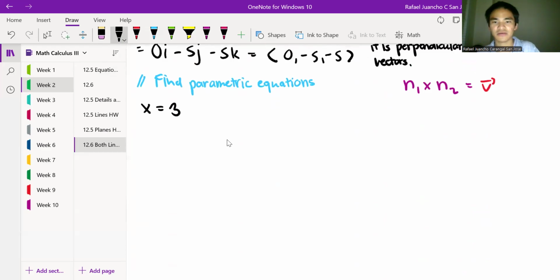So 3 plus 0t. Okay, that is sus. Y is 0, so this is negative 5t. And z is negative 5t again.